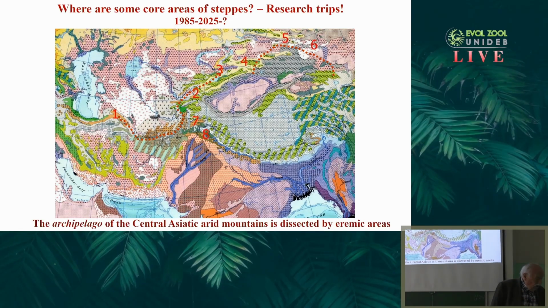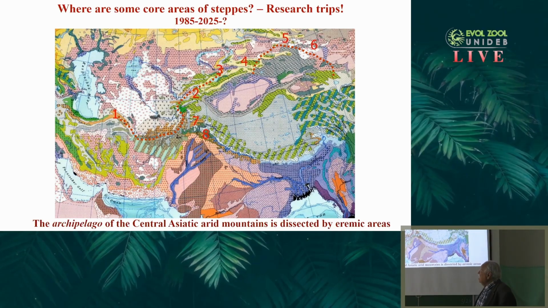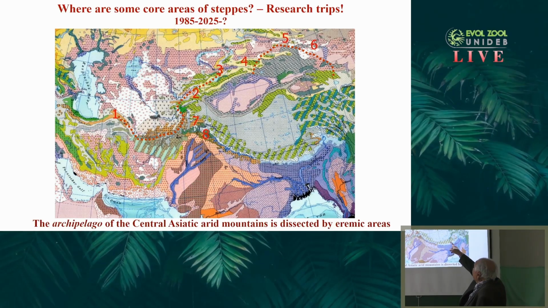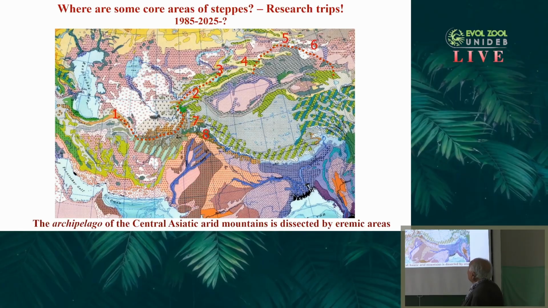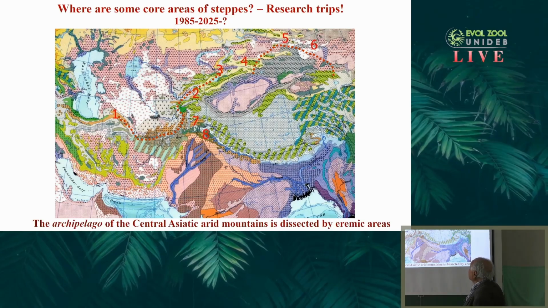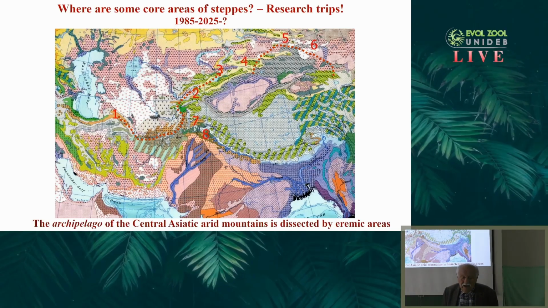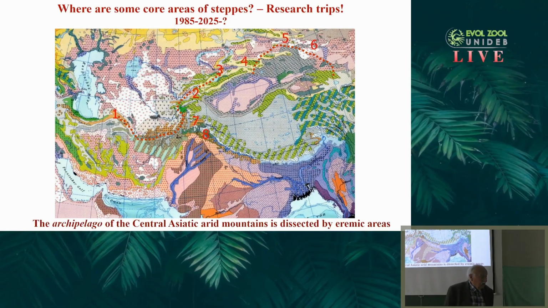So now I will try to show you the parts in Kazakhstan marked with 3 and partly with 4. These are the mountains and the arid areas, the steppe and desert areas of Kazakhstan. At first, the lowland deserts.